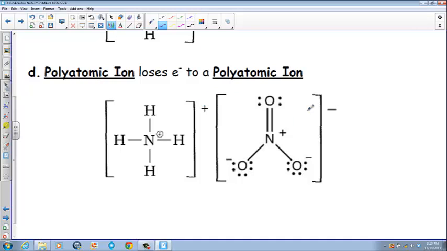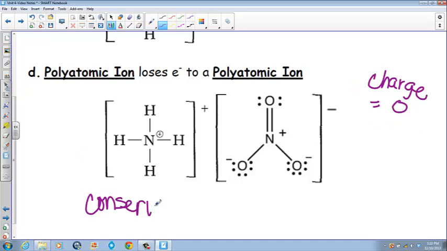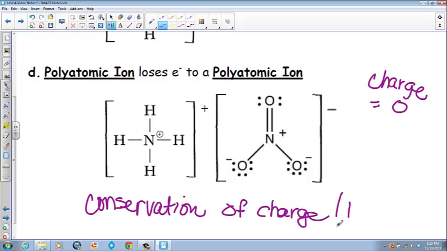Obviously, charges have to balance. Conservation of charge, +1, -1, so the overall charge is equal to 0, which tells us that we have a conservation of charge overall.